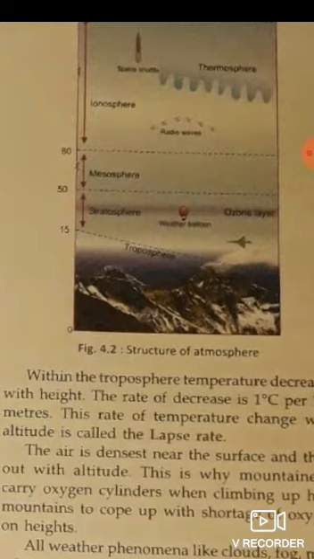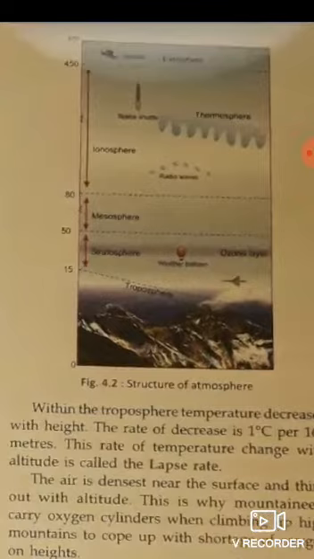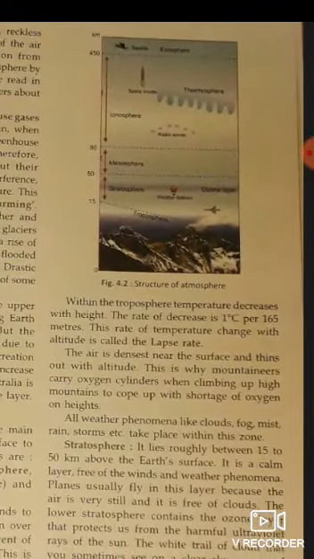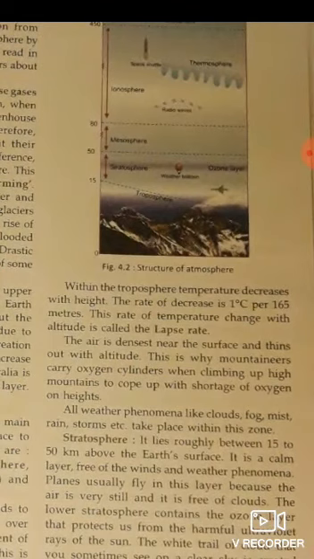The lowermost layer is troposphere, then stratosphere, then mesosphere, then ionosphere or thermosphere, and the last one is exosphere. So we will study all these five layers of the atmosphere and their characteristics.